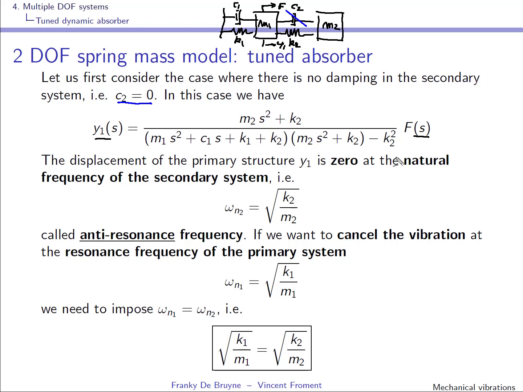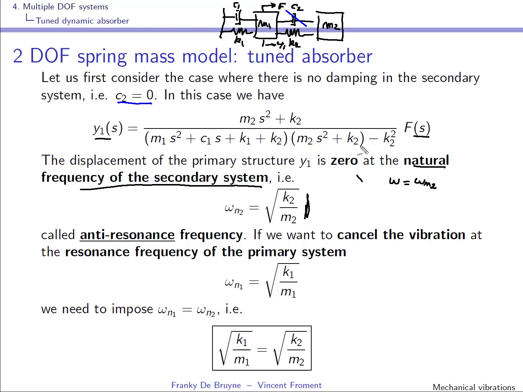And if you consider this equation at the frequency omega equals omega n2, which is the natural frequency of the secondary system, this spring K2 mass M2, it has a natural frequency which is the square root of K2 over M2.